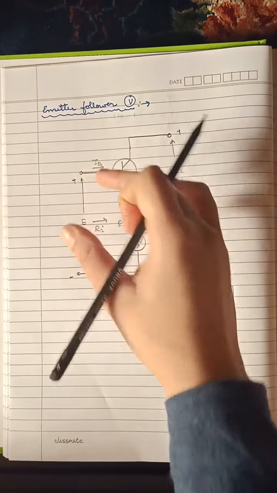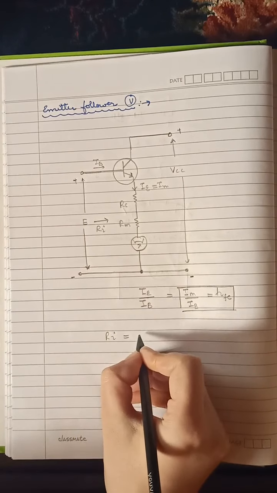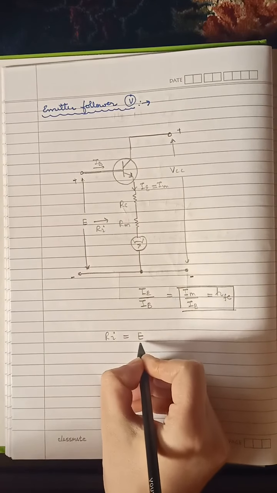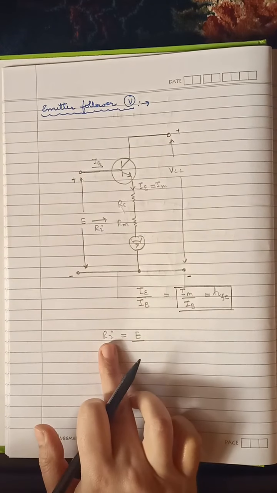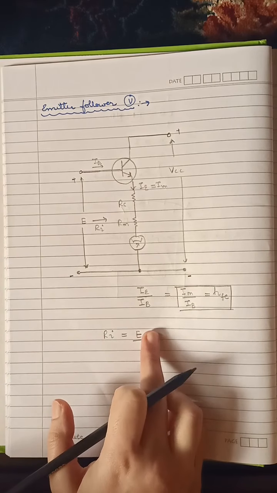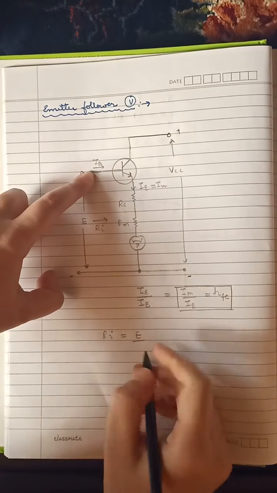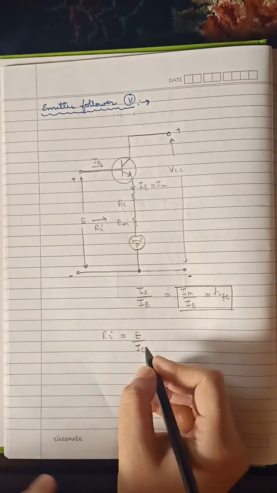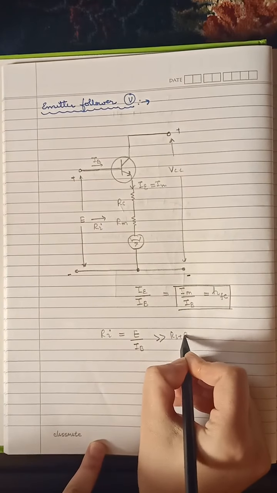The input resistance is equal to the ratio of the input voltage, here E, to the input current, which is IB, and this is always much greater than RS plus RM.